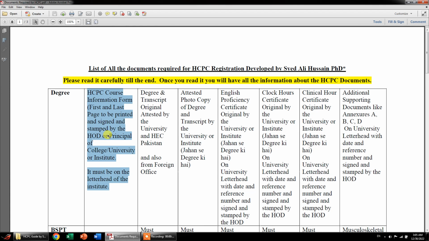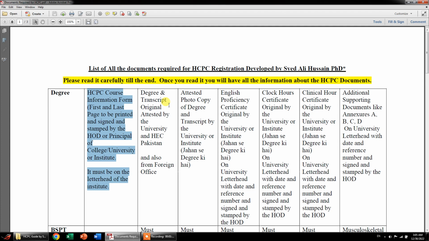The first thing is you should decide whether you are trying to apply for HCPC registration on the basis of BSPT or DPT or MS or even PhD. Let's say if somebody has done just BSPT or DPT, they will apply using the documents required for the DPT or BSPT.